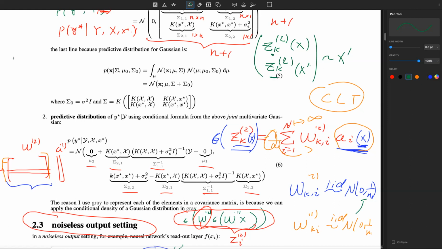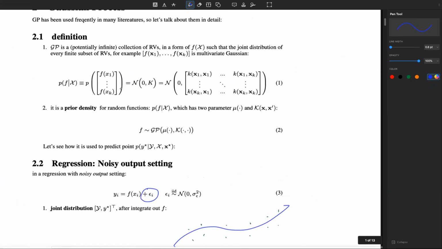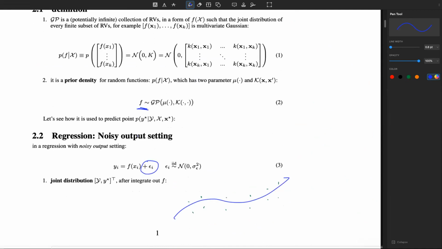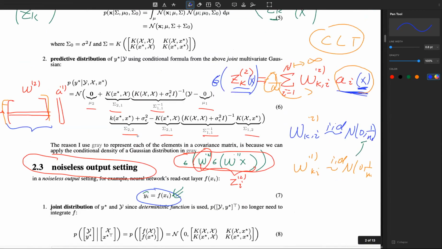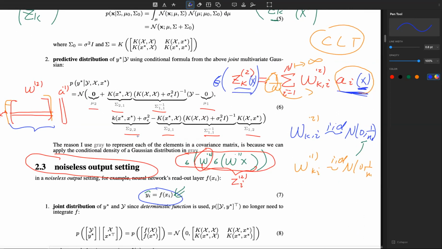So Z_k^L is essentially the same as our F in here, the same as our F in here, okay? And so these two are equivalent, and therefore you will be able to model it using a Gaussian process, and a lot of the rules apply. So yeah, I'm going to leave this thing out completely. In fact, I don't know why I'm drawing diagrams. I actually have proper notes to show you, but that's fine.